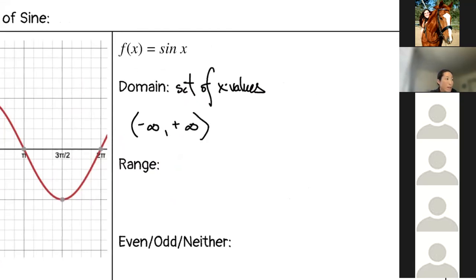Or another way that we wrote that was this R with a double line, and all that refers to is all real numbers. Okay.